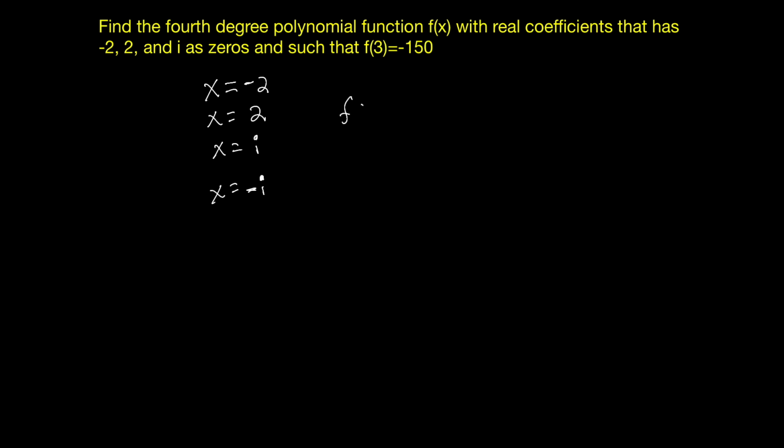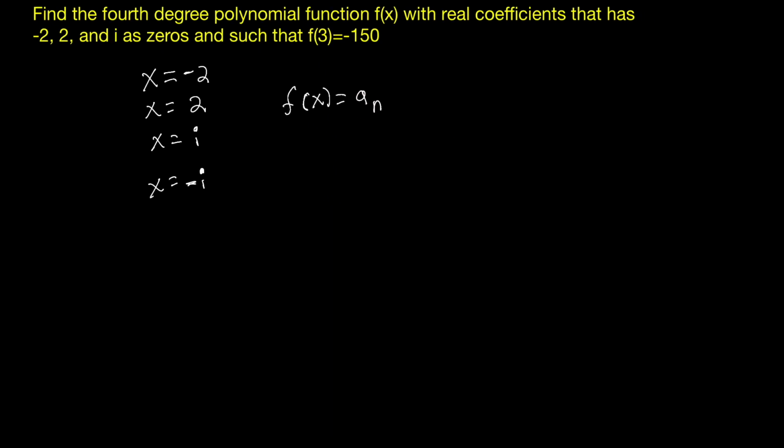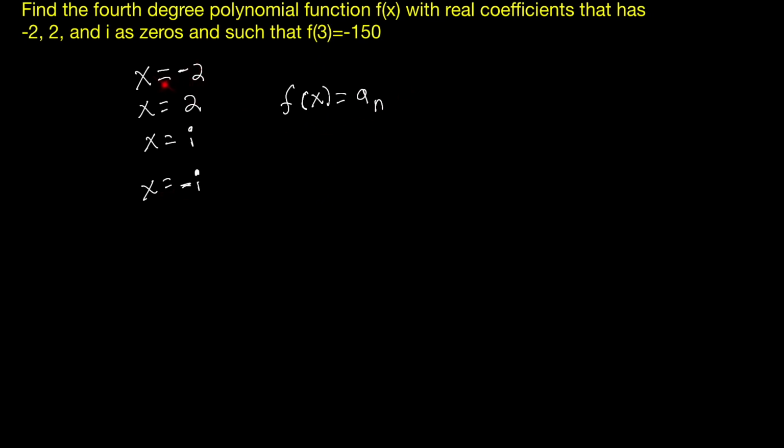So when I write this function, I am going to have some leading coefficient followed by the linear factorization, which can be expressed as x plus 2, x minus 2, x plus i, and x minus i. And just to quickly refresh, I get these values by just doing the opposite.